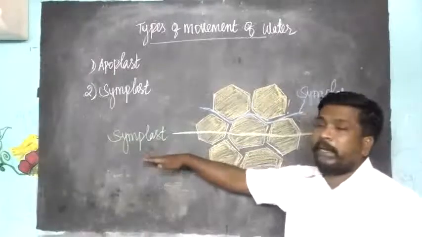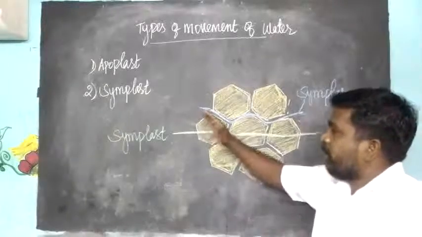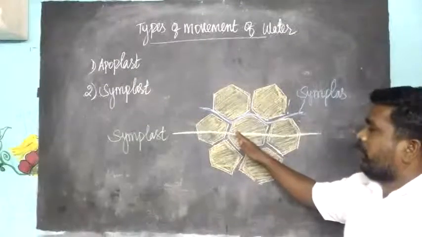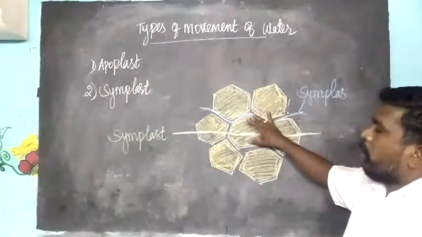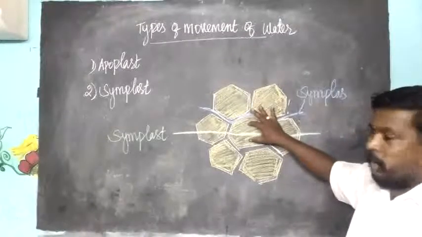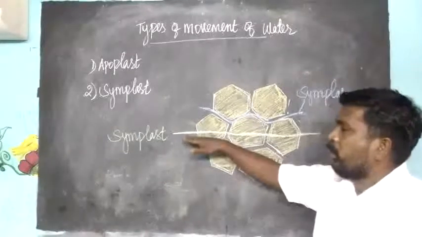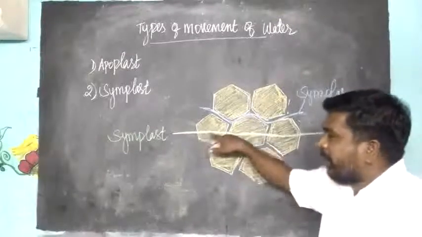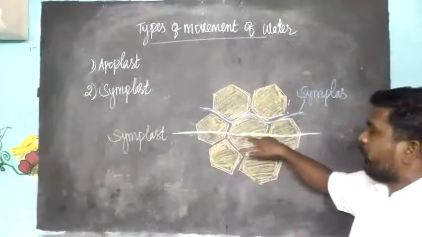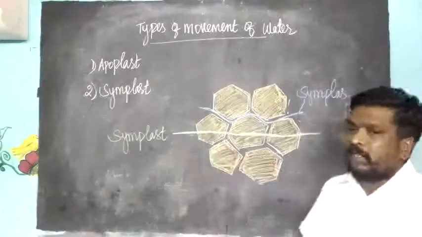Symplast water movement fully depends on the concentration gradient, because when the concentration is maximum here, the water can move from here to here. Then it waits until this cell gets the higher concentration. So depending upon the concentration gradient, the water molecules penetrate or pass through the cells, through the protoplasm and plasma membrane. This process is called the symplast pathway.